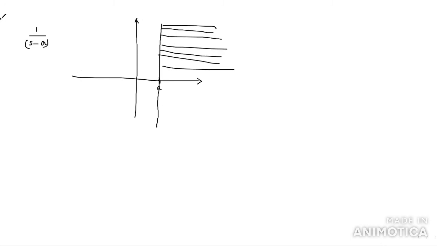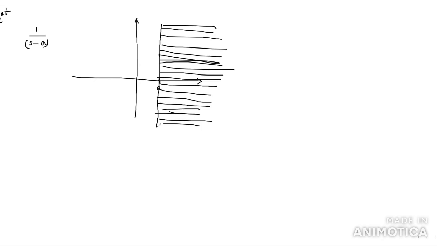So here the signal is e power at. Previously that was e power minus at. This is e power at. So I'm going to have this entire area as the region of convergence. More than this should be there.